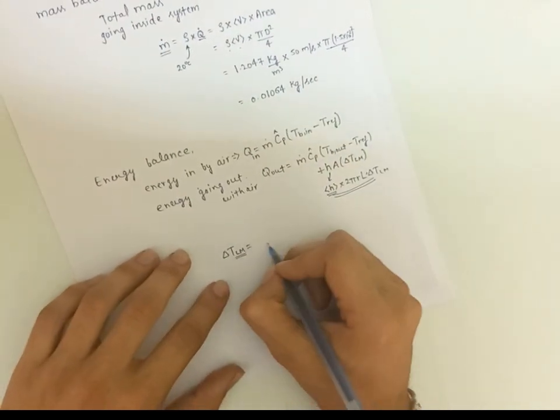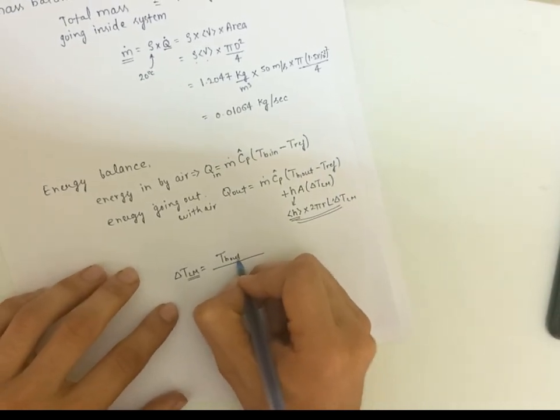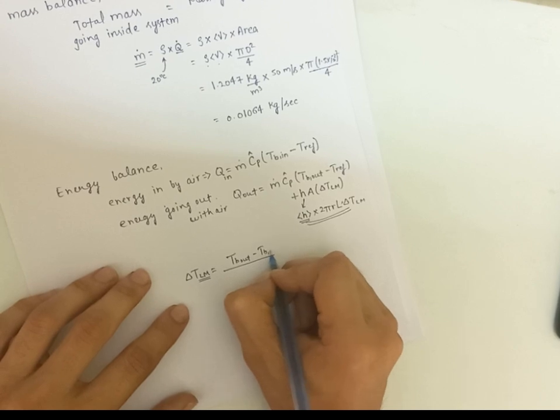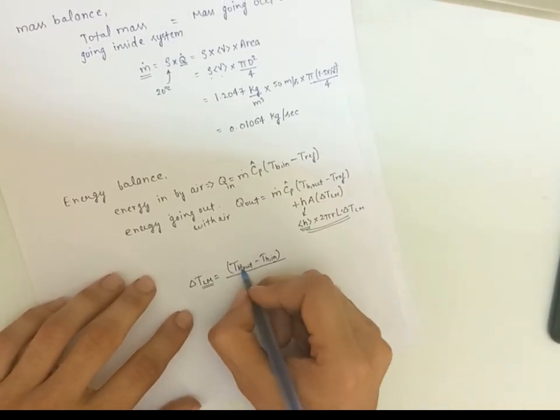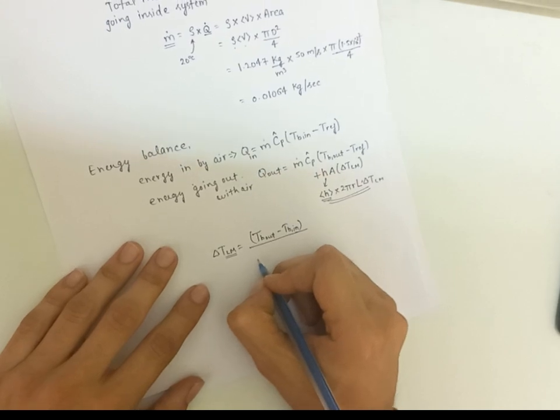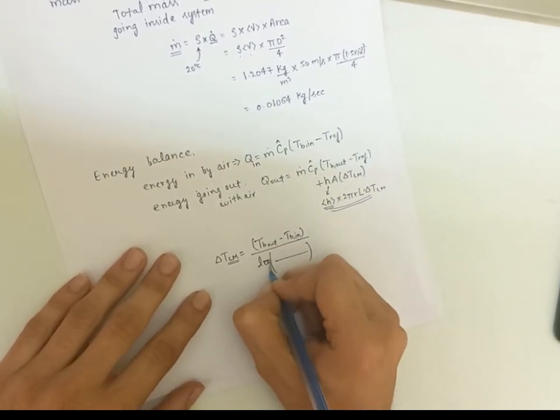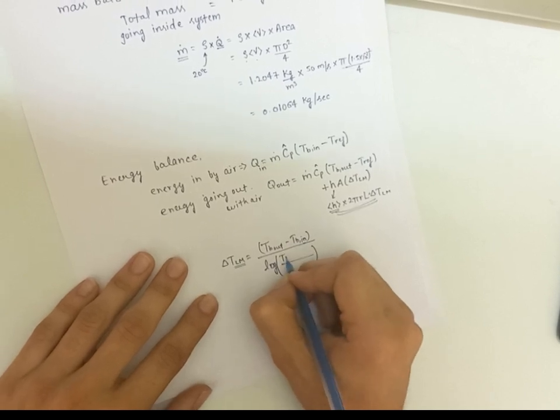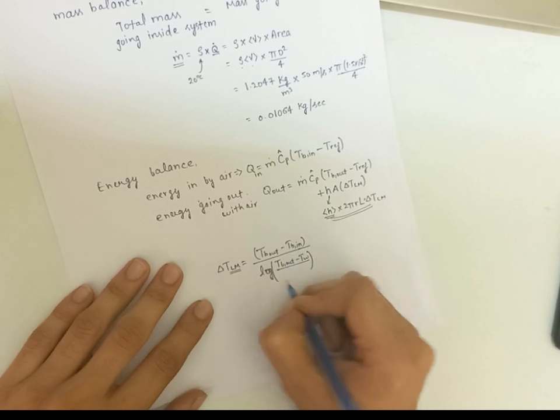So we will write this as T_B out minus T_B in, which is already provided in the problem, 90 degrees Celsius and 20 degrees Celsius, divided by ln, sorry, logarithmic of T_B out minus T_W, over T_B in minus T_W.